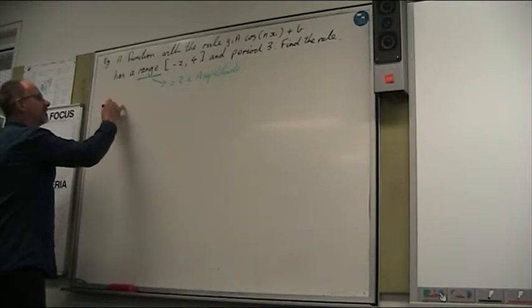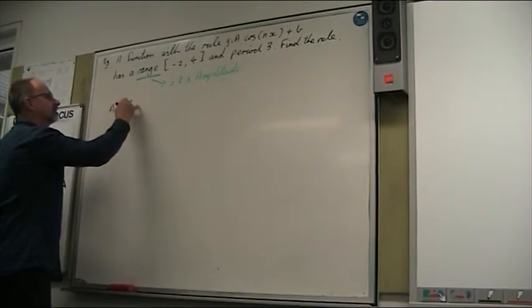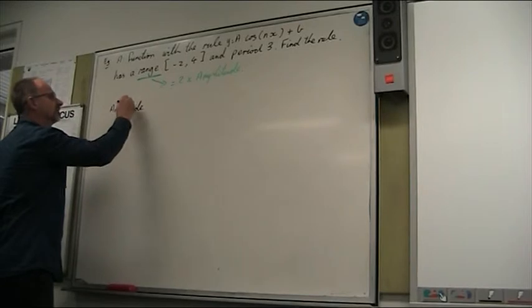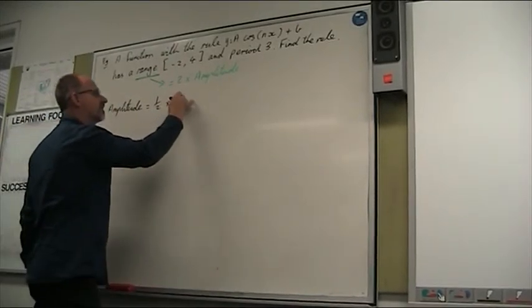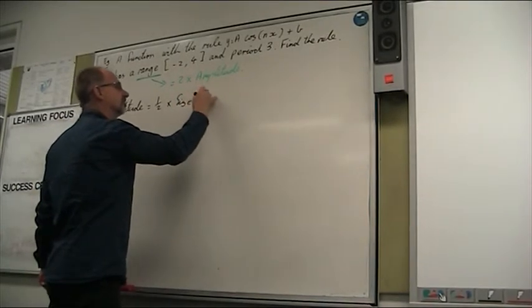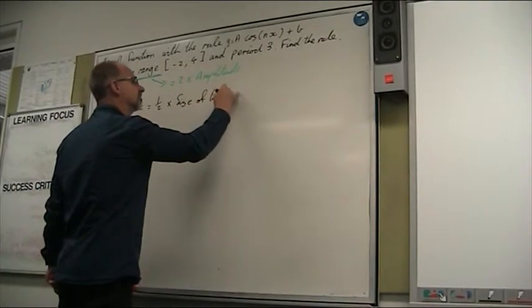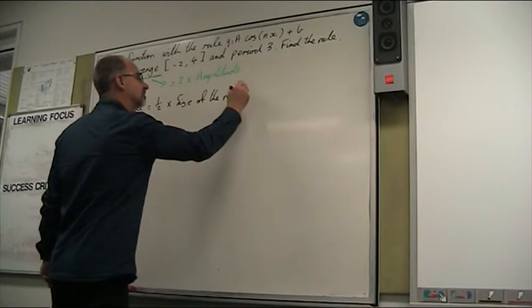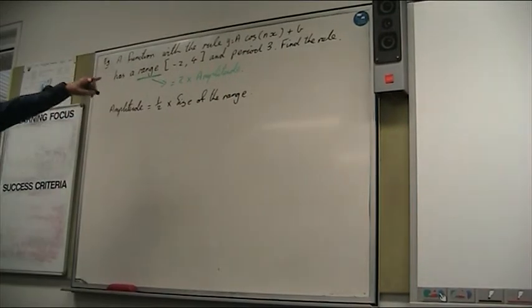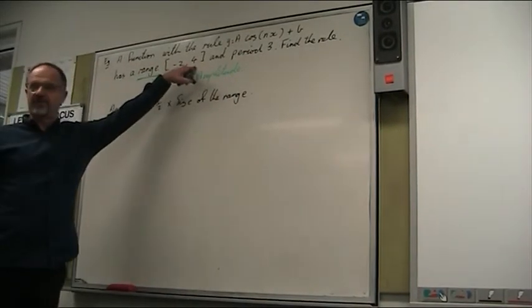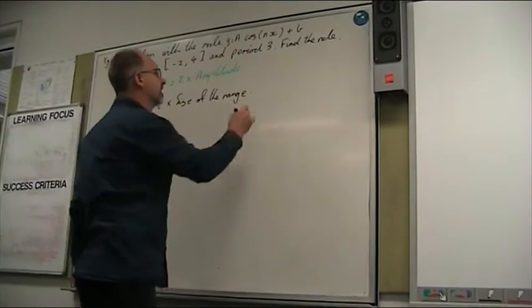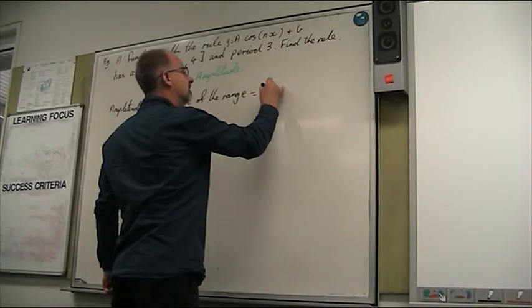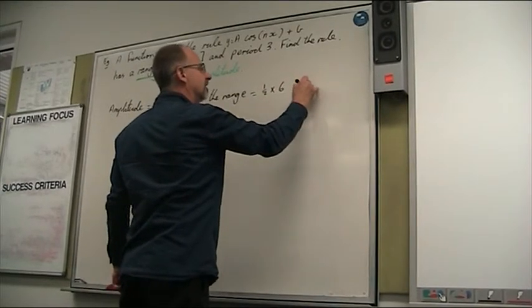So our amplitude is a half of the size of the range. So if this goes from -2 to 4, the size of the range is 6. So a half times 6 is 3.